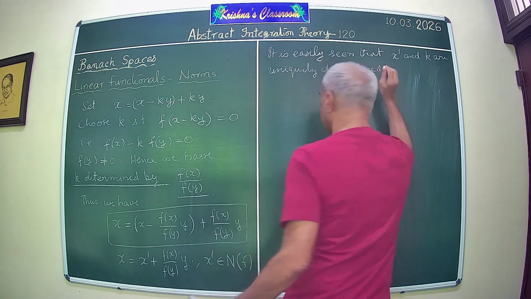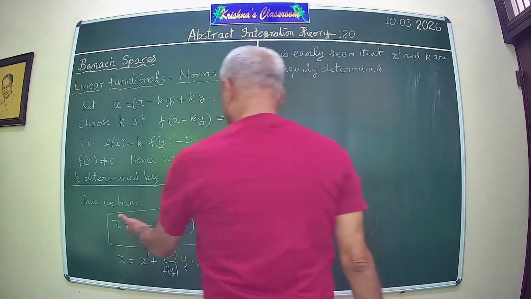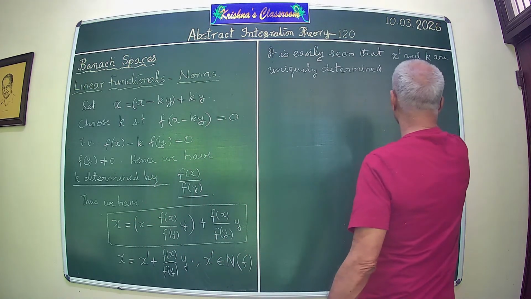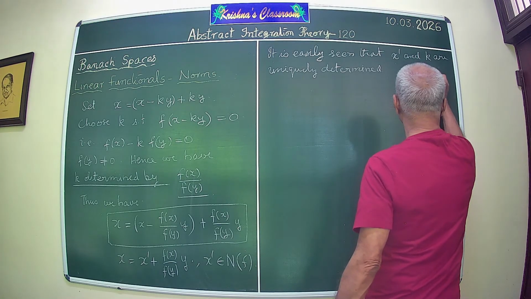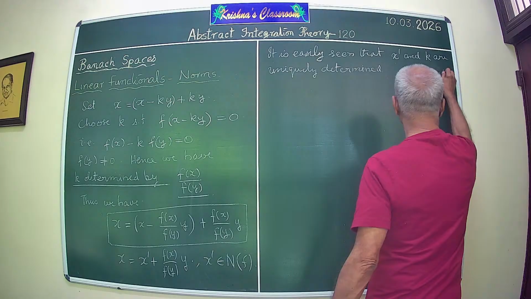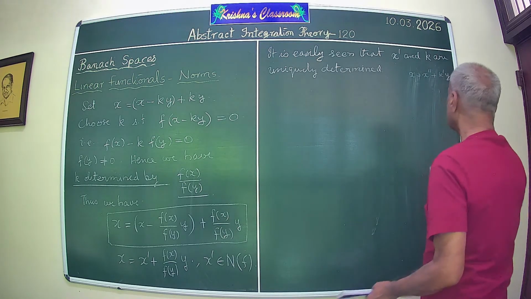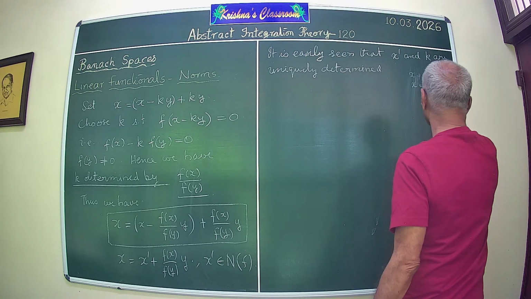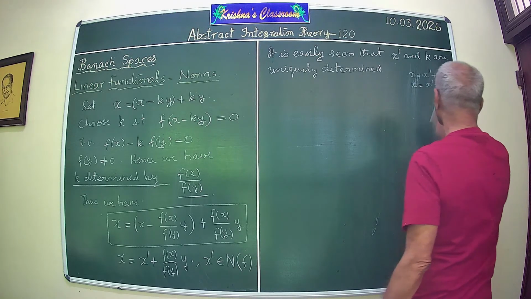Now this is easy because suppose there exists another representation, x equal to x double prime plus some k prime y. Then you have x is also equal to x prime plus k y.